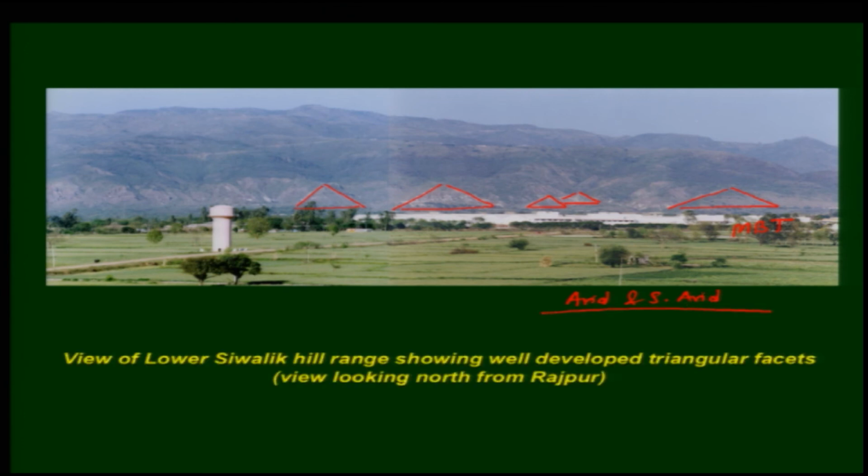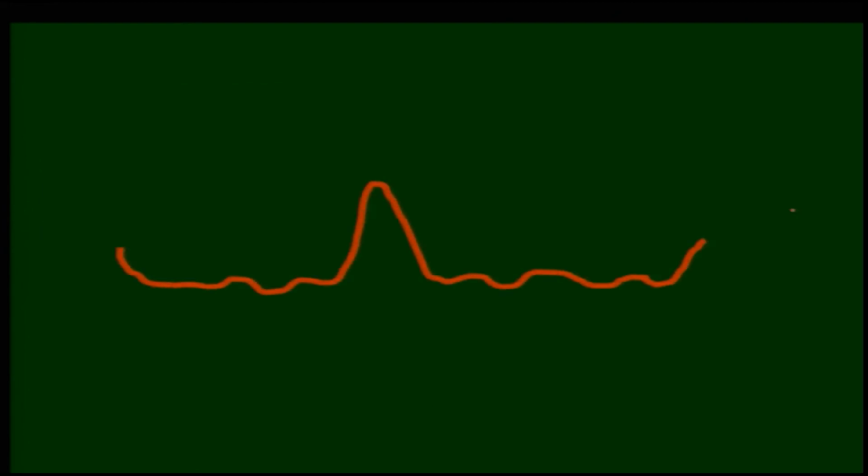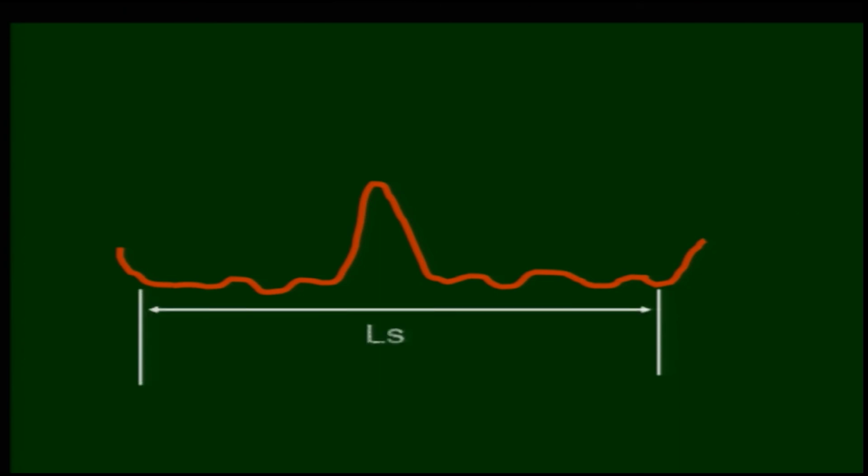So this is a view of the lower Shivalik hills showing well developed triangular facets, and this is along the main boundary thrust, MBT. About the triangular facets, one of the parameters we were talking about is LS, the straight length of the mountain front.